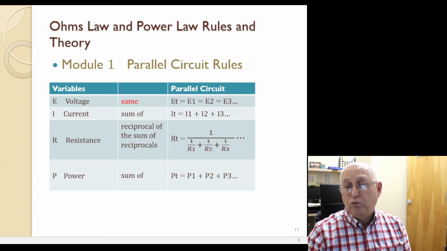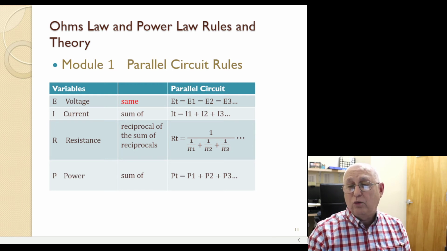So here are the rules for a parallel circuit again. Voltage is the same everywhere. Total voltage equals the voltage at R1 equals the voltage at R2 equals the voltage at R3. Current, however, is the summation of all the currents. Total current IT equals I1 plus I2 plus I3, the currents across R1, R2, and R3 respectively.